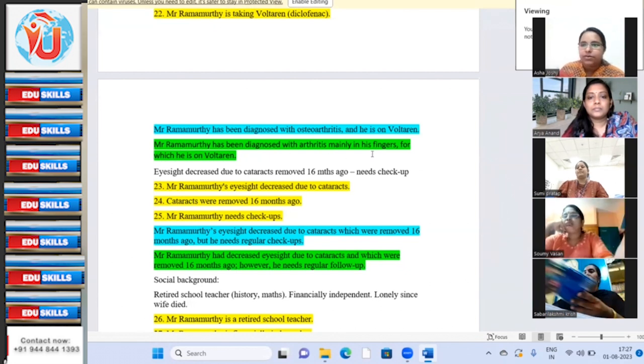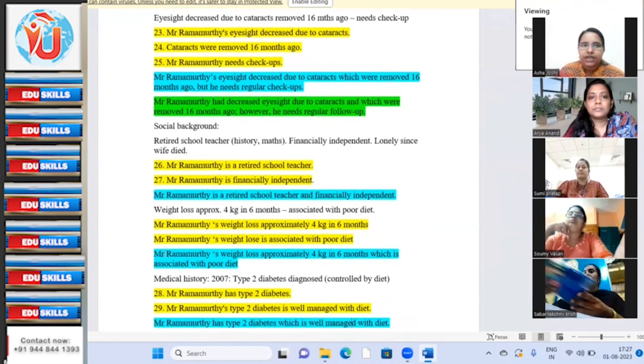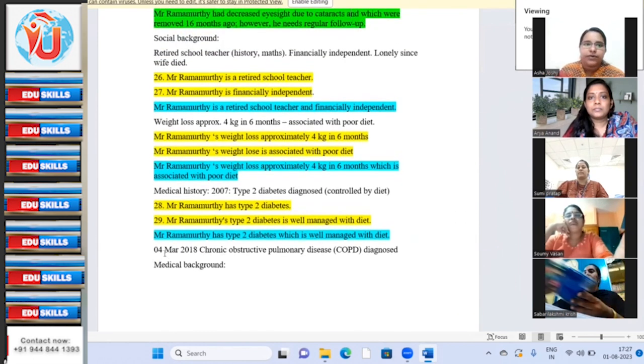Then again, one more sentence is constructed here. Mr. Ramamurthy had decreased eyesight due to cataracts, which were removed 60 months ago. However, he needs regular follow-up.